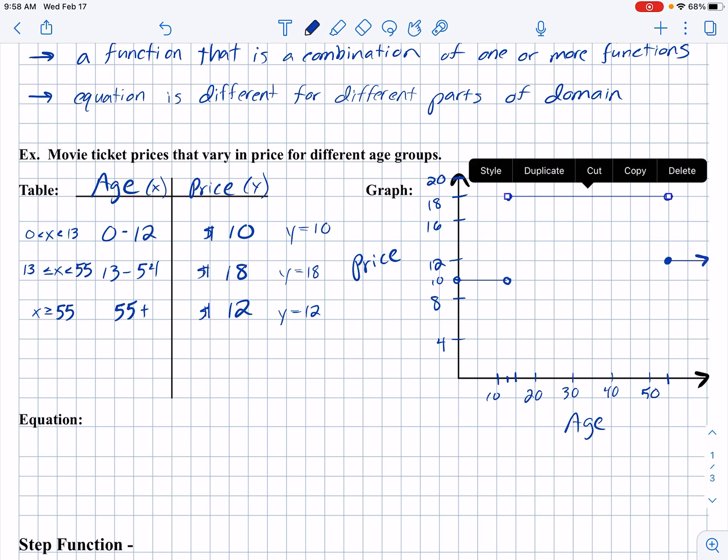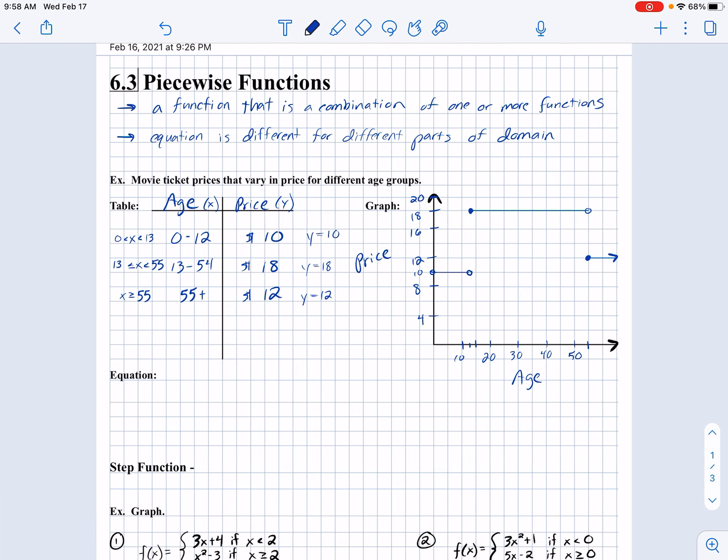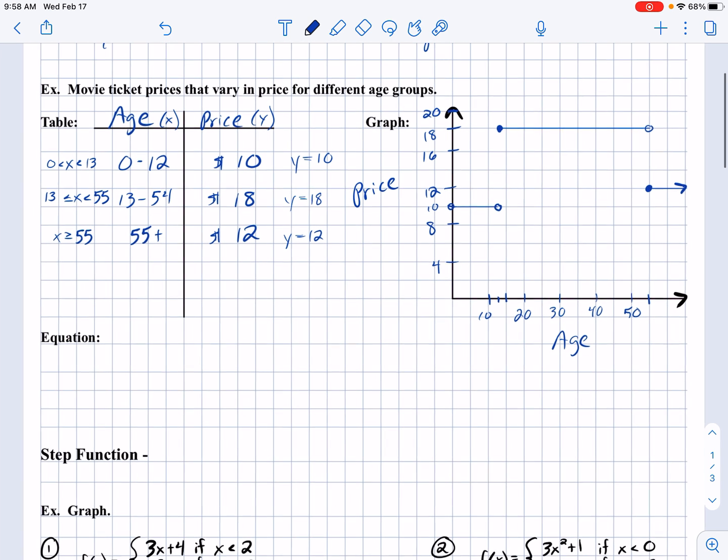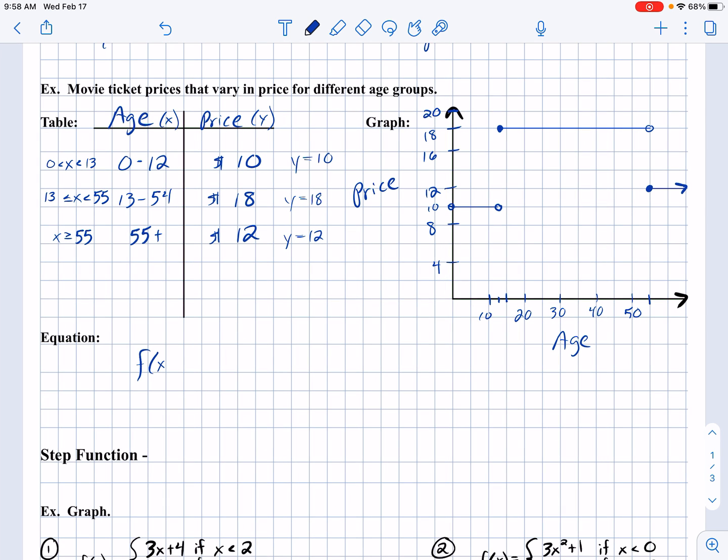Okay, so this kind of looks similar to that egg problem that you saw in Desmos. The equation for a piecewise is going to look like this. F of x equals, we're going to open our brackets up, and we're going to have three different function equations here. So f of x equals 10, f of x equals 18, and f of x equals 12.